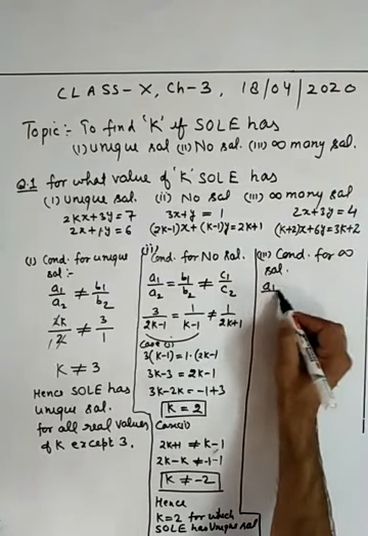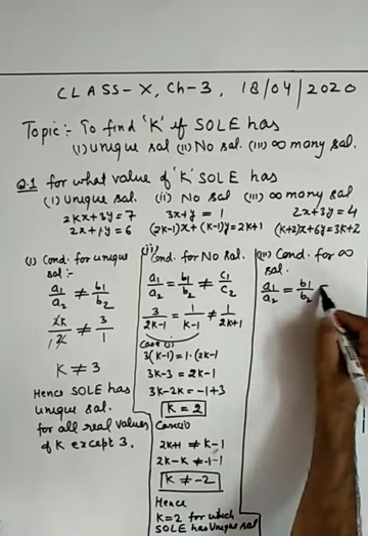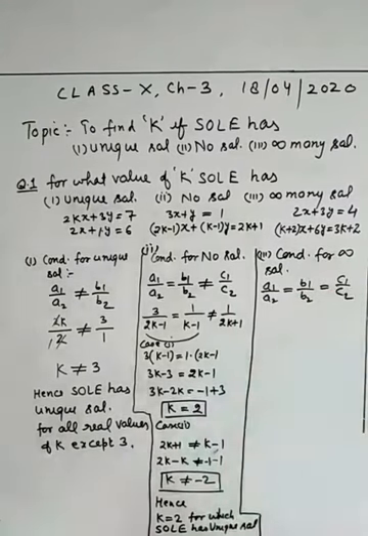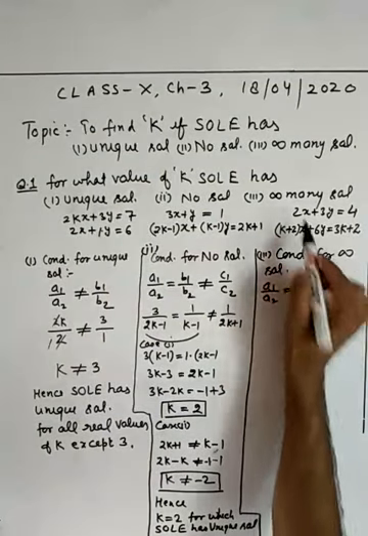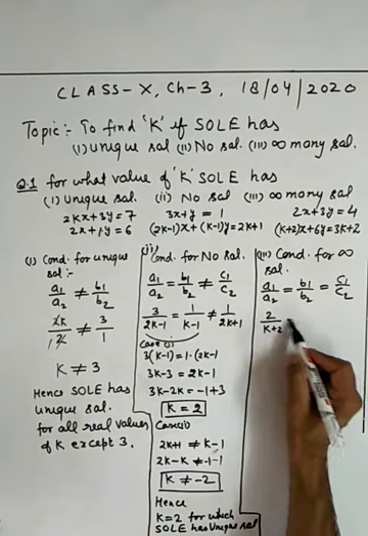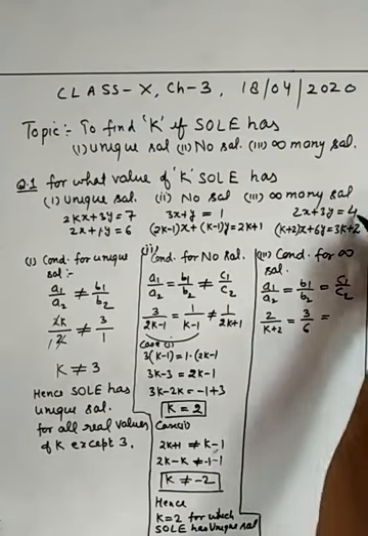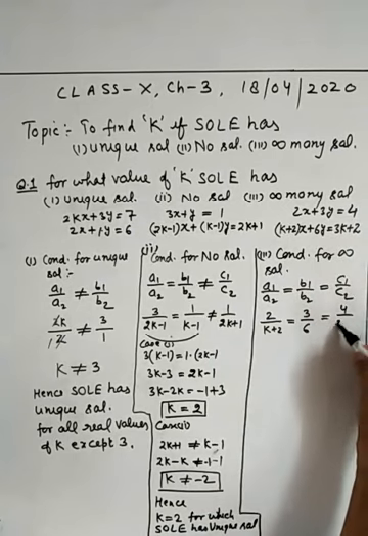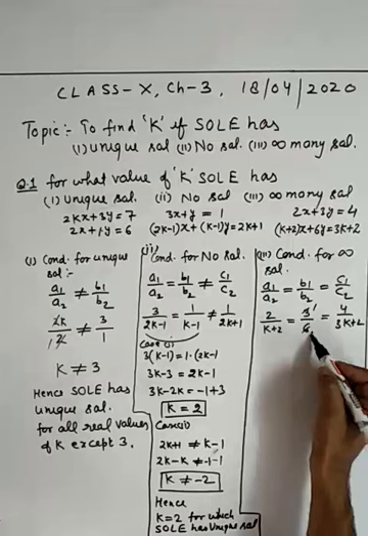It is a1 upon a2 equal to b1 upon b2 equal to c1 upon c2. Again we take a1 as 2, a2 as k plus 2, b1 as 3, b2 as 6, c1 as 4 and c2 as 3k plus 2. These two can cancel.